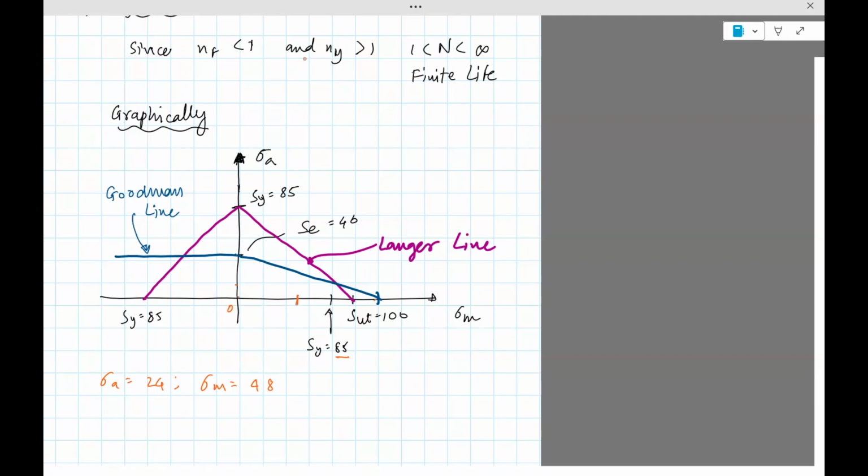So maybe here, 48. And then sigma A is 24. Now, it's a bit harder to 24, 40. So 20 is halfway. So it's not clear whether it's on this side or this side.